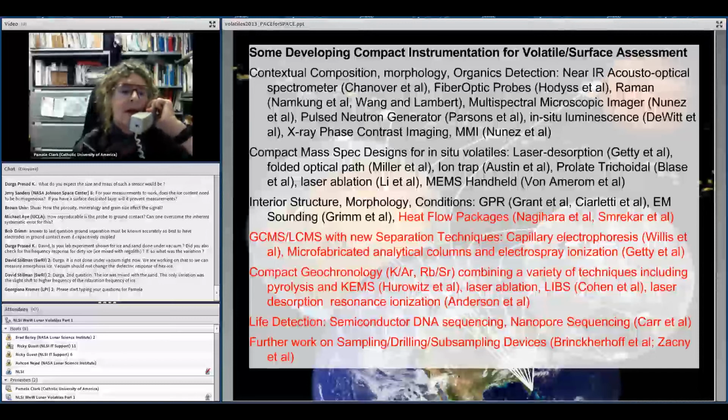Some of the developing compact instrumentation that's of particular interest for people in the volatile and surface assessment community include a whole range of instruments. Most of these developed over the last 5 years for organics detection, a number of concepts for compact mass spectrometer designs that allow characterization of a sample, even as a function of depth, not particularly penetrating, but at least potentially matters of millimeters.